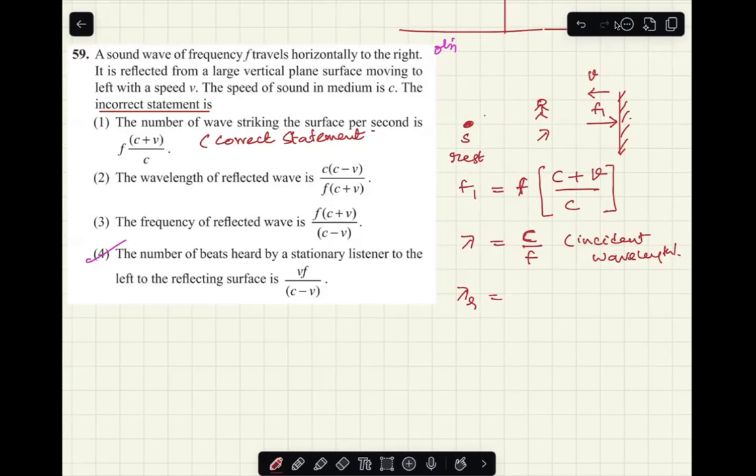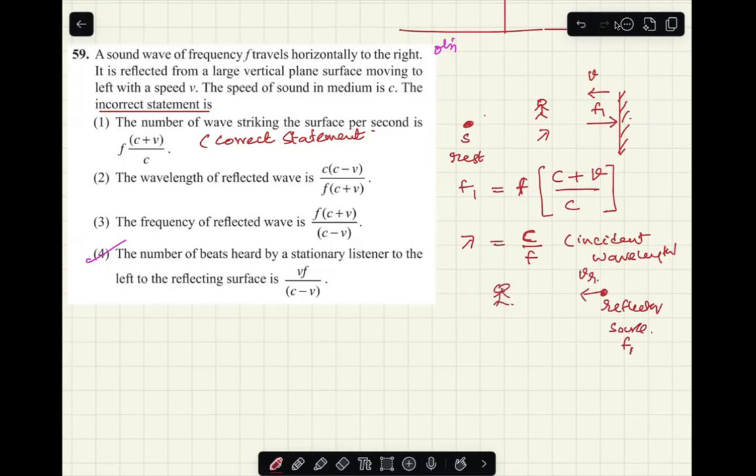Now you take the reflector as a source which sends a frequency F1, so an observer in this zone will find that, I'll just explain. The reflector acts as a source which sends frequency F1 and is moving in this direction, with speed V reflector.